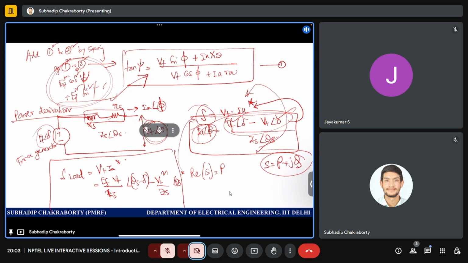And if you take out its real part, you will get active power as EF VT by ZS cos(theta S minus delta) minus VT square by ZS cos theta S.